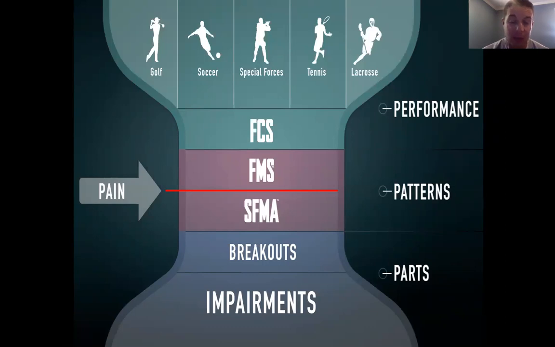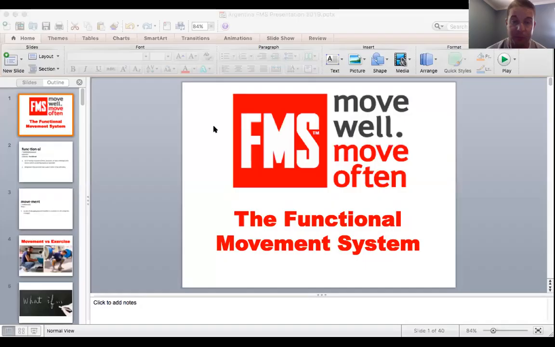Above that line, we're looking at movement competency with the FMS, and then once you get above that, you're now looking to look into some performance factors, looking at your impact control, power control, your postural control, as well as your motor control at a higher level in the FCS. And then once we've accomplished that, now we can look into some sport-specific skill factors as we get into whatever the activity is that we're looking to put this individual into.